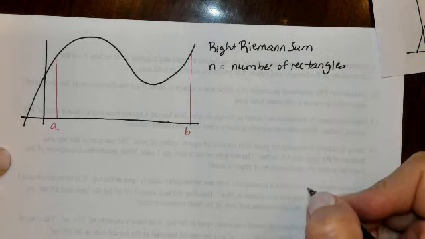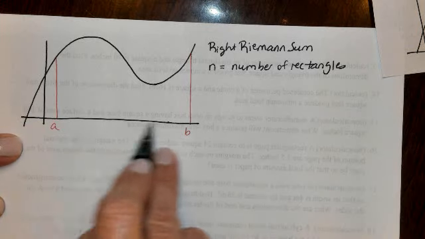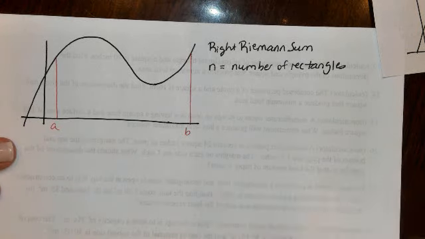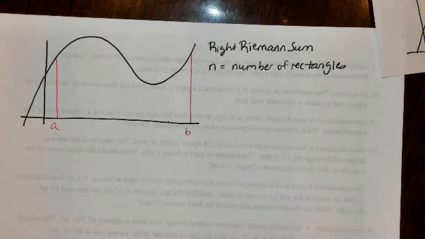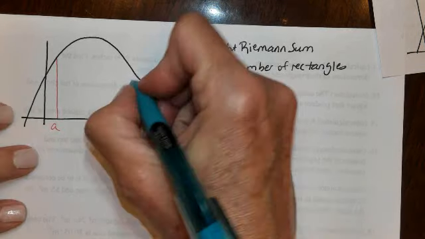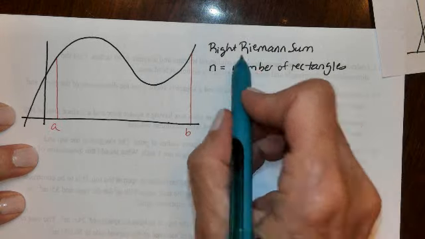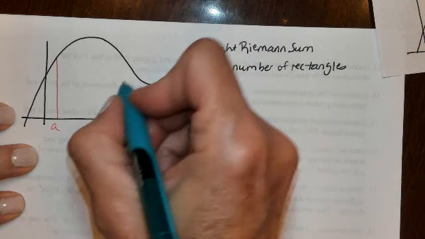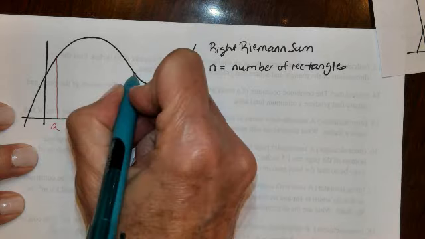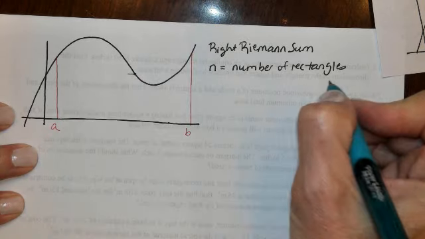I'm going to draw a representative rectangle, and remember that it's a right Riemann sum, so the height of it will be the right-hand side. So when I draw my rectangle, I'm going to draw it like that.